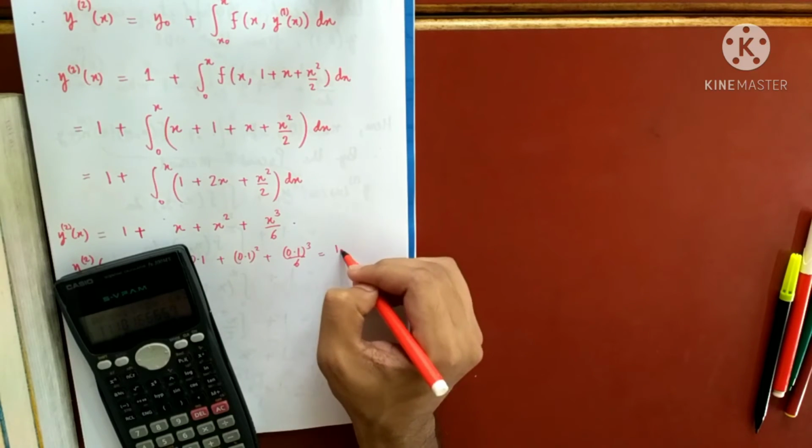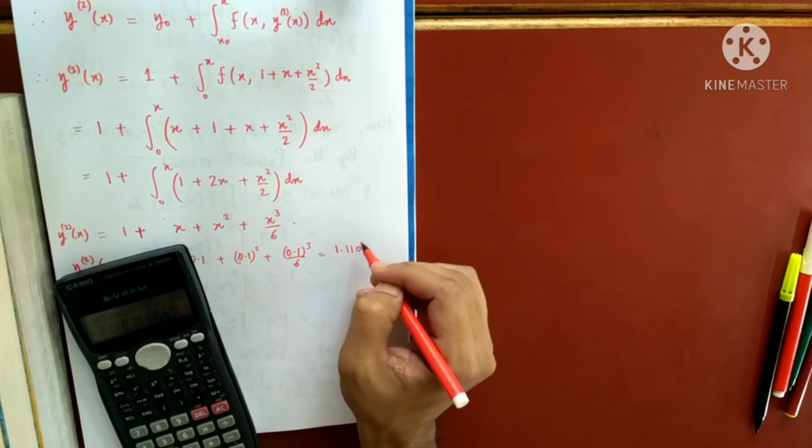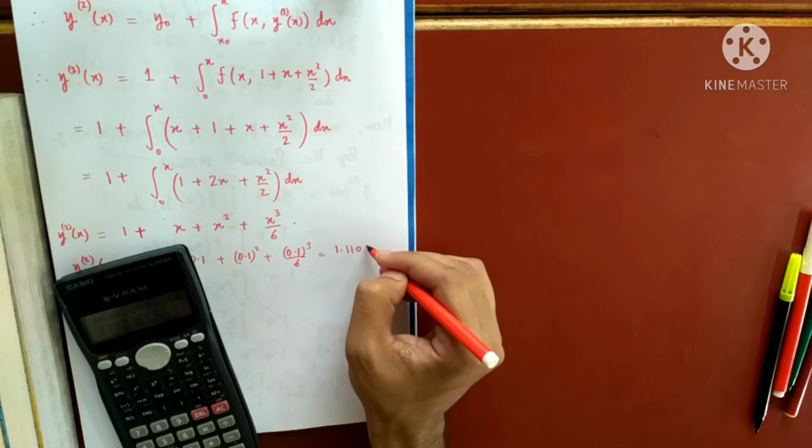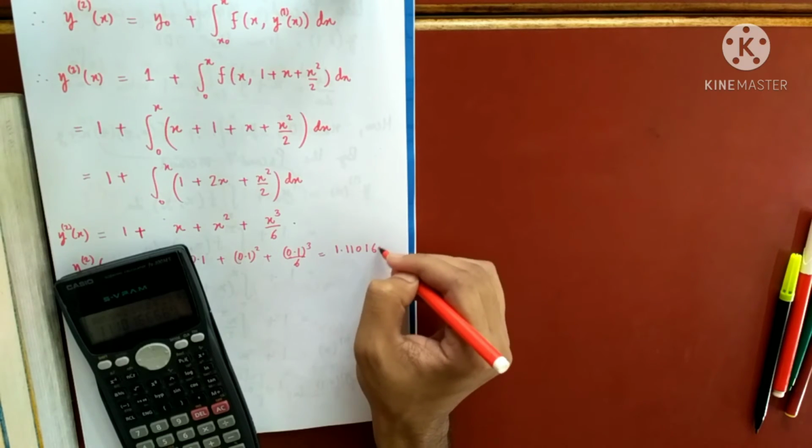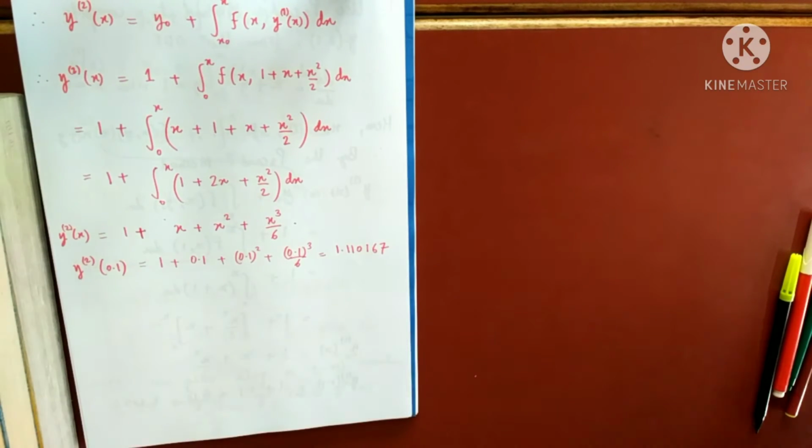I am getting 1.110. Suppose I am taking 5 decimal places, then it will become 6. Let me take 6 decimal places, that is up to us.